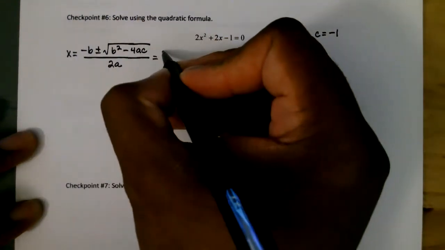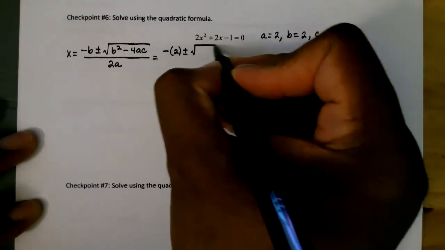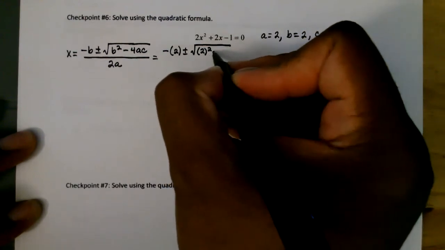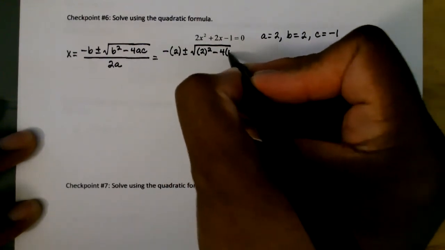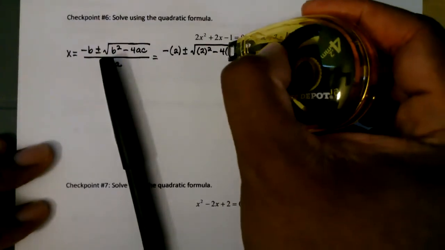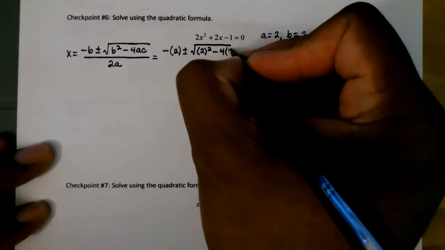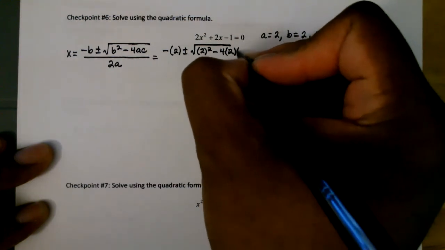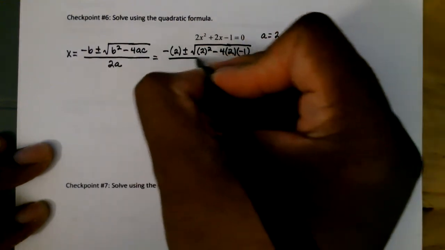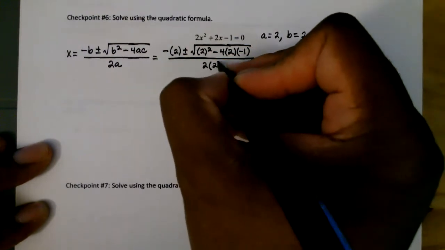I've got the negative in front, so that's negative 2 plus or minus the square root of b again, that's going to be 2, so that'll be 2 squared minus 4 times a, which is 2, times c, which is negative 1. That's all divided by 2 times a, which is 2.